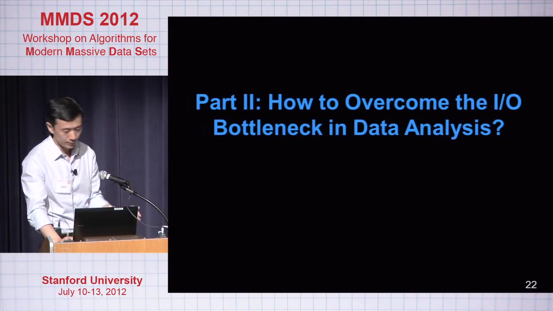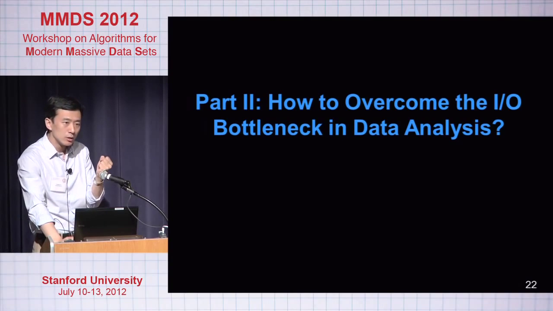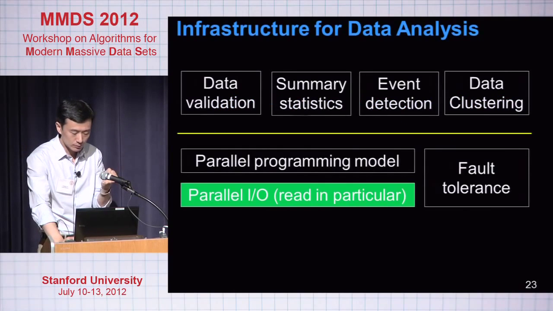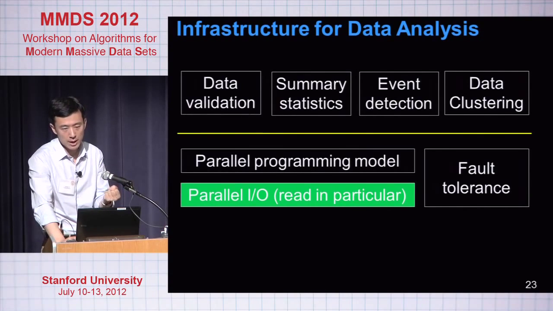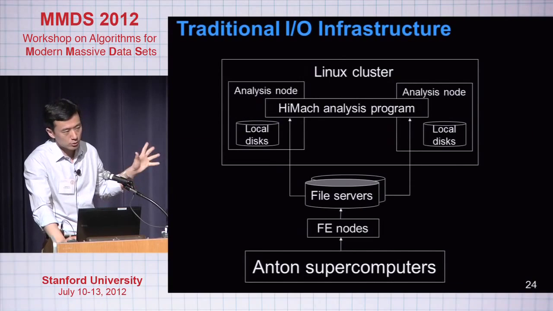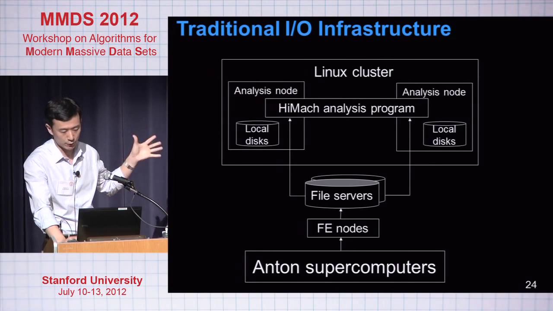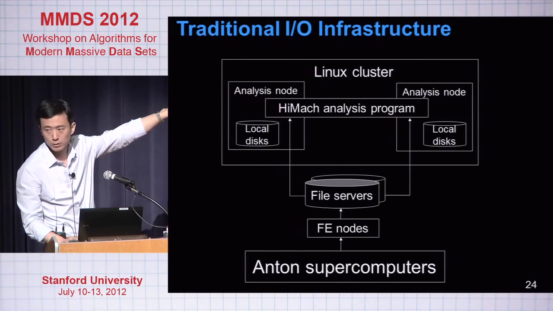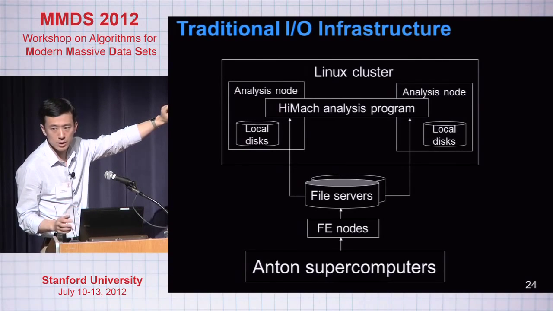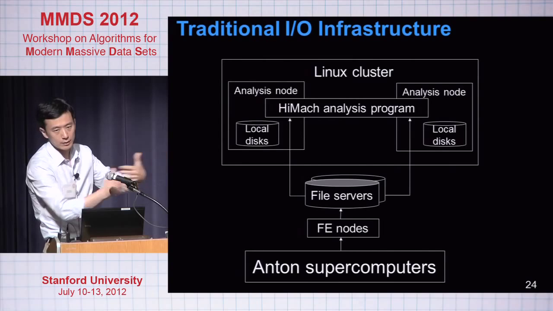Now, the second problem is that traditionally I/O has been the bottleneck for both simulation code and data analysis code. And this is a very typical and traditional I/O infrastructure. At the bottom, you have the Anton supercomputer, and FE nodes represent front-end nodes, and you store data in file servers.